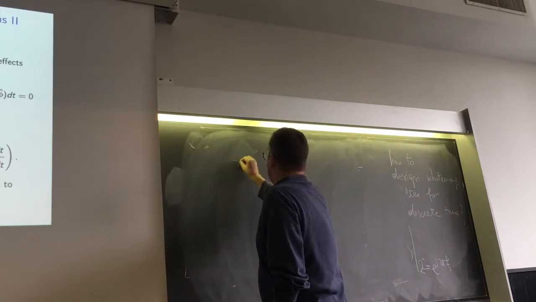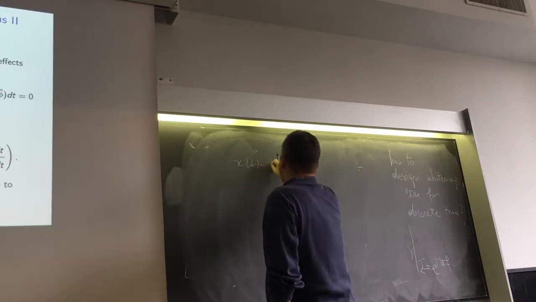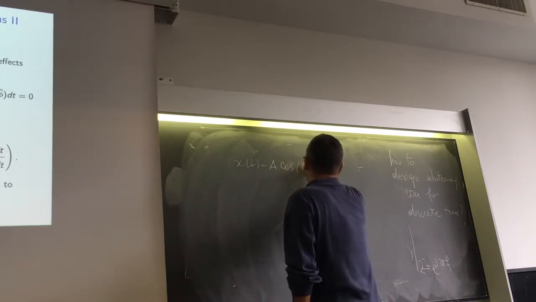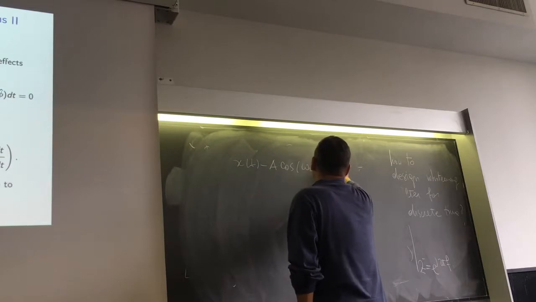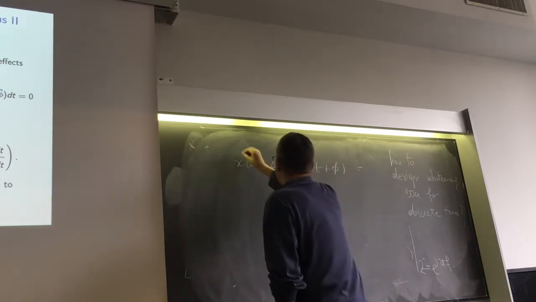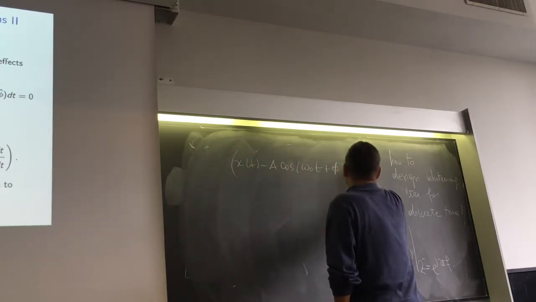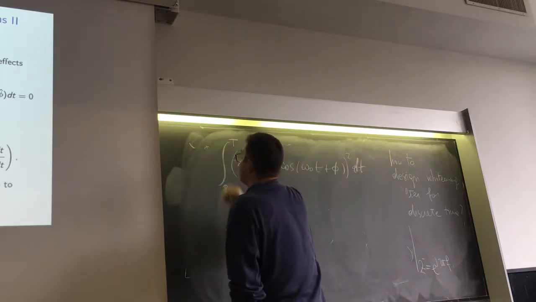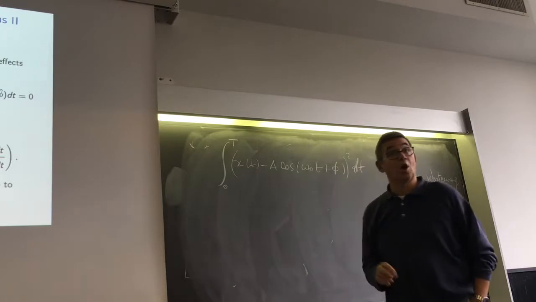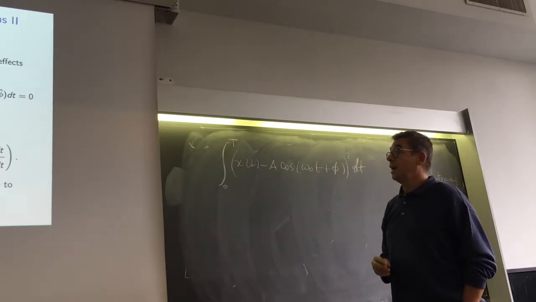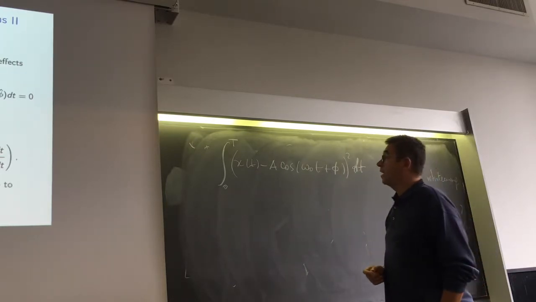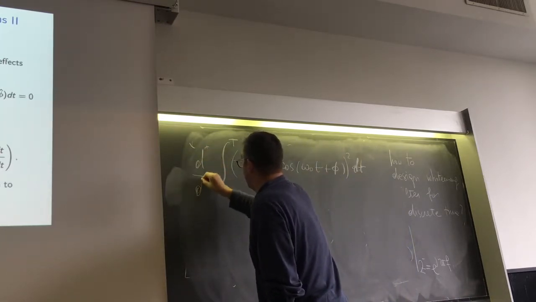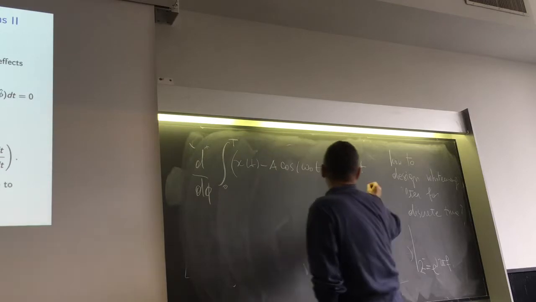It is the integral between 0 and T of x(t) minus A cosine of omega 0 t plus phi, squared, dt. This is my log likelihood function, and I need to find the minimum. To find the minimum, I need to calculate the derivative with respect to the phase and set it to zero.